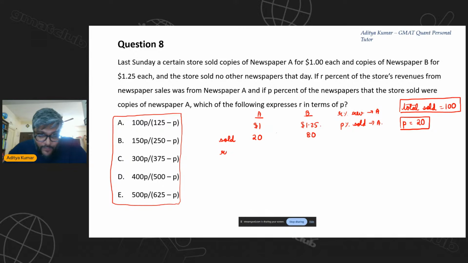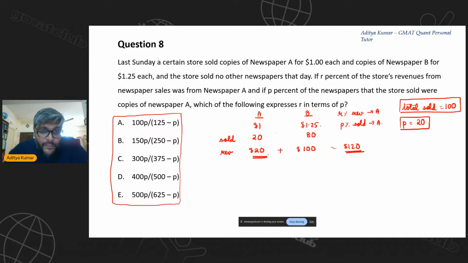So what is the revenue for A? The revenue for A would be $20. And the revenue for B would be 1.25 times 80, which is $100. So the total revenue is $120. Now what are they telling me? R percent of the store's revenues from newspaper sales were from newspaper A. What is the total revenue that I have? 120.